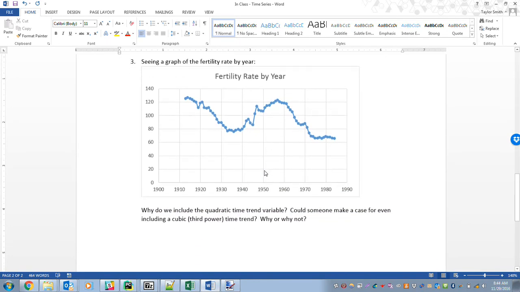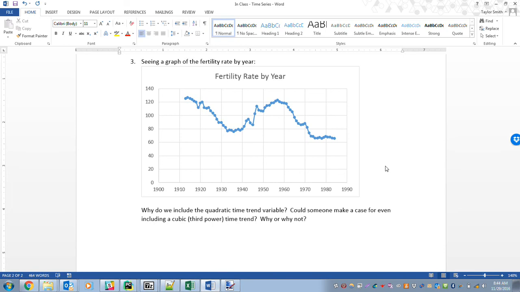We're seeing a graph of fertility rate by year. So this is an actual graph of the data by year. Why do you think we include the quadratic trend variable? Could someone make a case for even including a cubic time trend? Why or why not? So let's start off with why do we just include the quadratic?